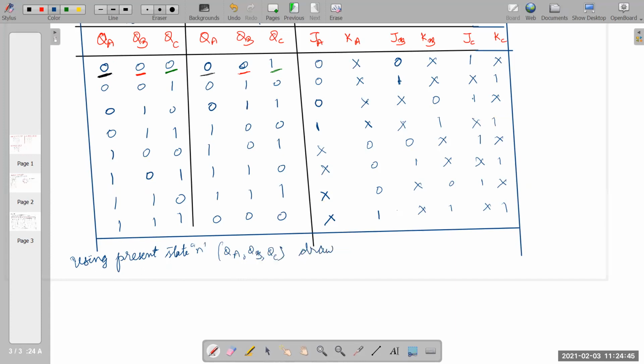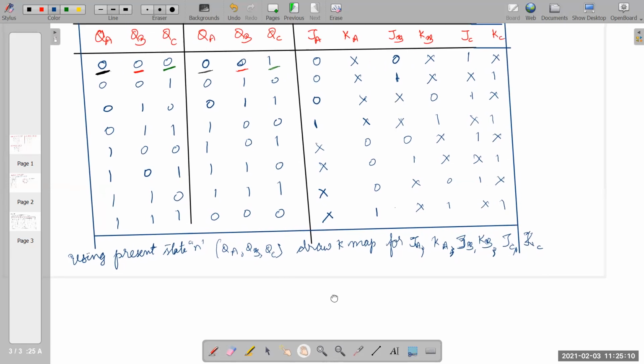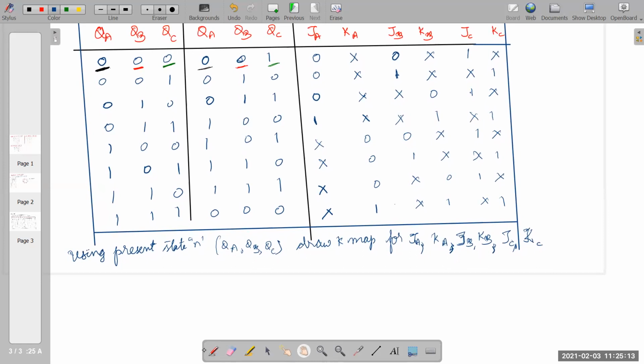Draw K map for JA separately, KA, JB, KB, JC, KC. So first thing I will draw for JA.